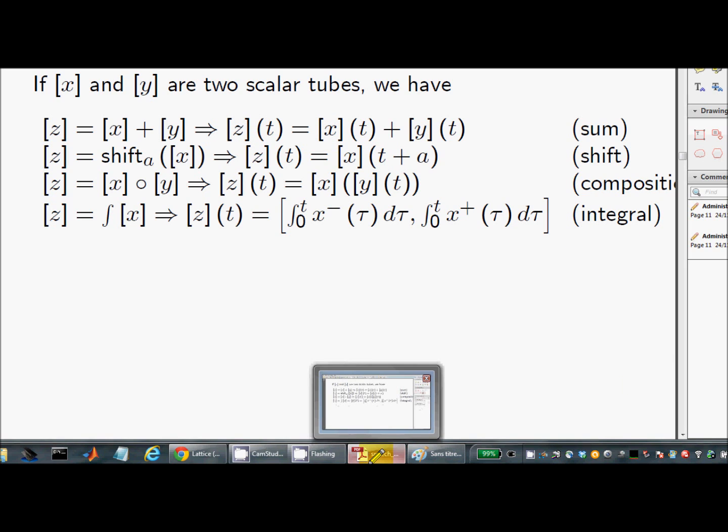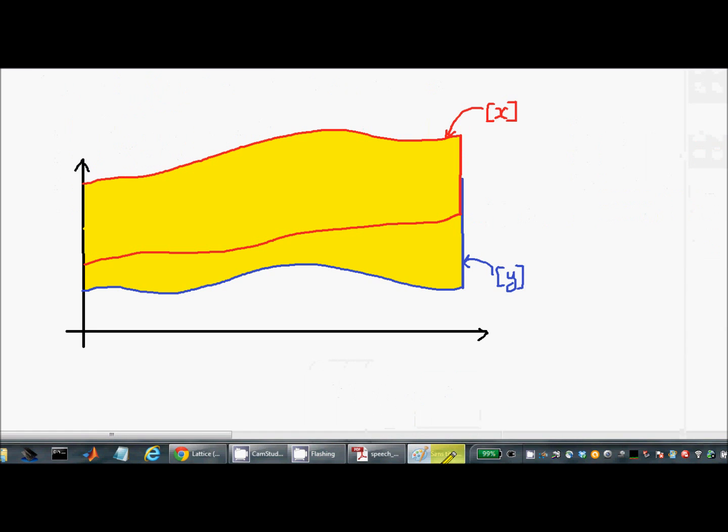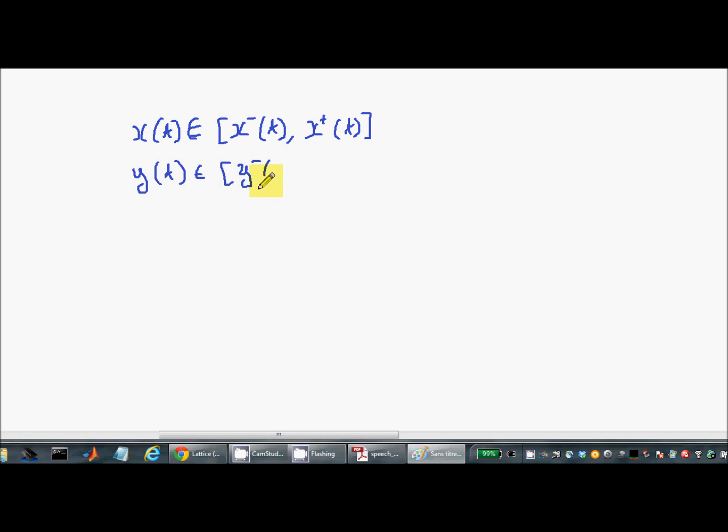If I take x of t, a signal or a trajectory which belongs to [x minus of t, x plus of t], and y of t belongs to the tube [y minus of t, y plus of t].